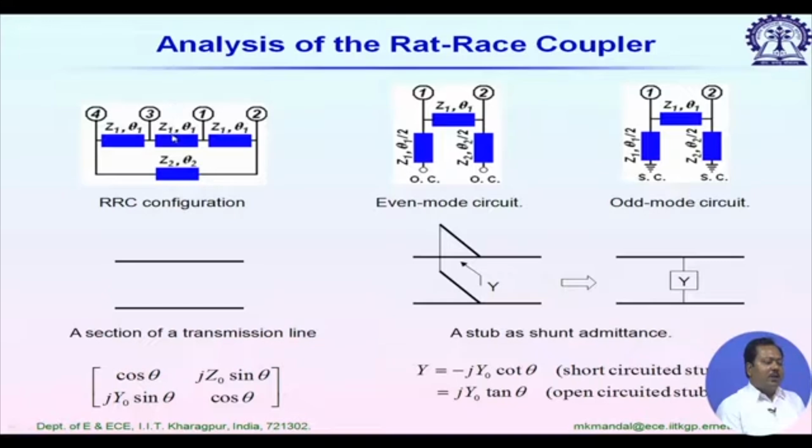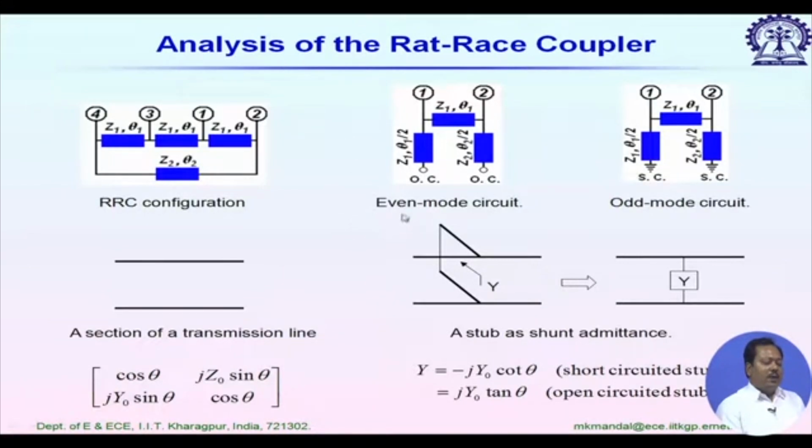In odd mode condition, this plane will be replaced by a PEC or short circuit condition. Then we have the corresponding equivalent circuit as shown here. Now, it looks like a simple transmission line with two open circuited stubs, and on the right hand side, two short circuited stubs. We can obtain theoretically what is the S21, S11 for this given two port network.